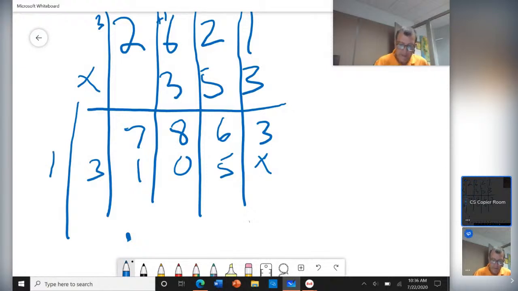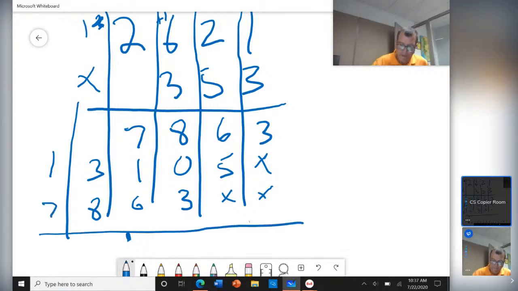Okay. And now we're going to go over 2 spaces. 3 times 1 is 3. 3 times 2 is 6. 3 times 6 is 18. Carry the 1. Well, that's a 1 now. And 3 times 2 is 6, plus 1 is 7. So we'll just take this down.